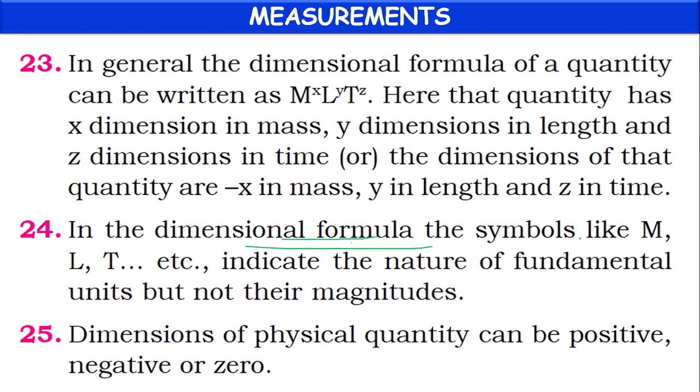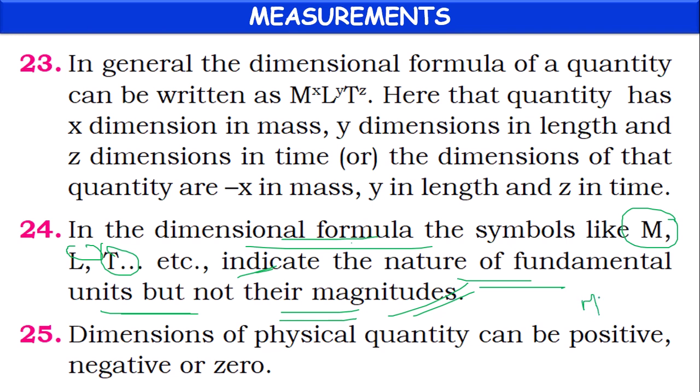So in the dimensional formula, the symbols like M, L, T indicate nature of fundamental units, but not their magnitudes. Because with the help of this M1, L2, T minus 2, we can tell only the nature of mass.